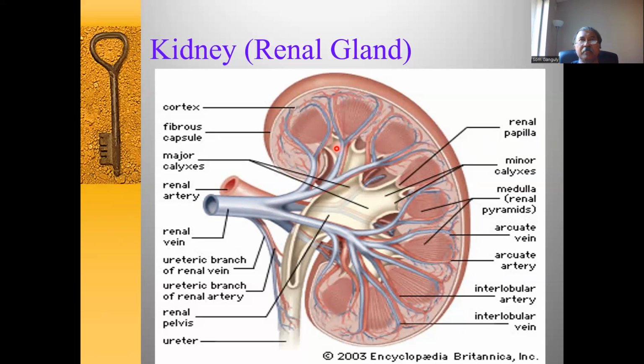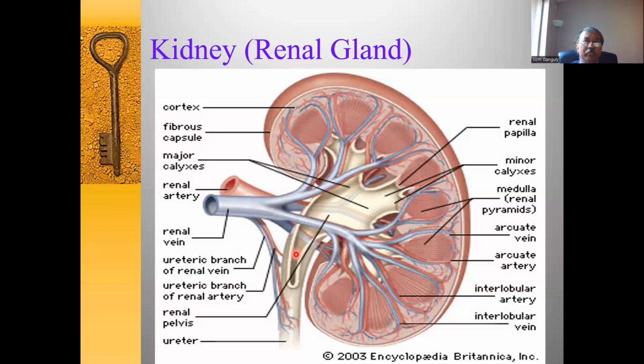Each calyx is collecting the urine from the medulla and channelizing this urine into the major calyx where there is a funnel-like structure. Minor calyx connected to this medulla collects the urine. Minor calyx brings the urine, dumps it into the major calyx. Major calyx then becomes renal pelvis, really the opening of the funnel.